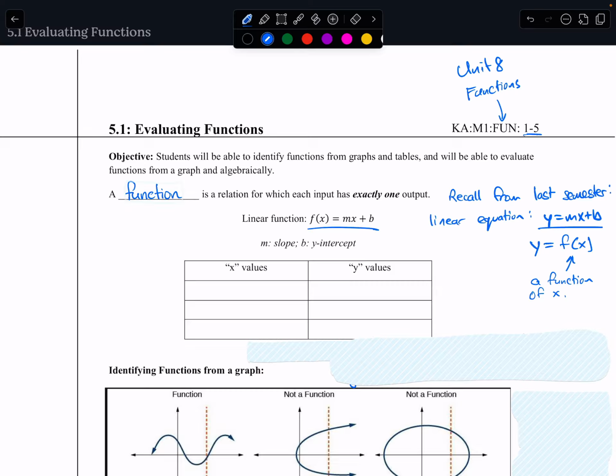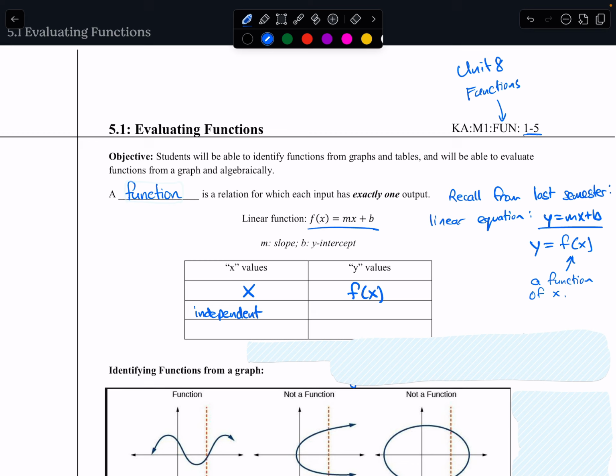The x values, we're still going to just call them x, but instead of the y values, we're going to call them f of x, or the function evaluated at x. And that x value is a variable. It can change. Speaking of variables, that's the next row we're going to fill in. The x values represent the independent variable.